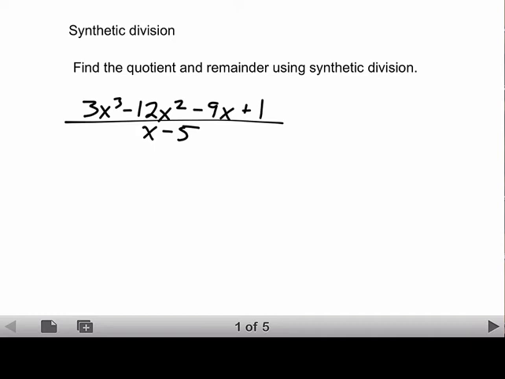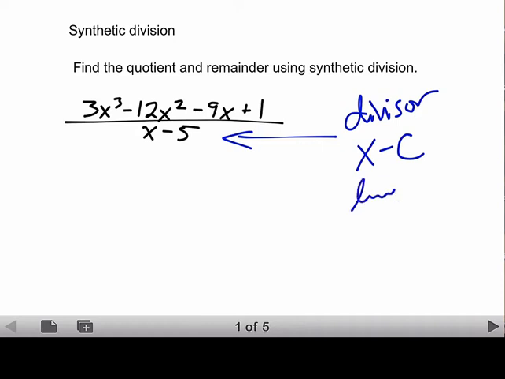The first thing I want to point out is that to use synthetic division, the divisor has to be in the form x minus c. In other words, it needs to be linear, and the lead coefficient needs to be 1.